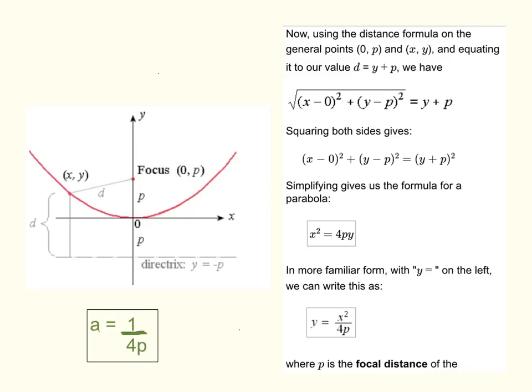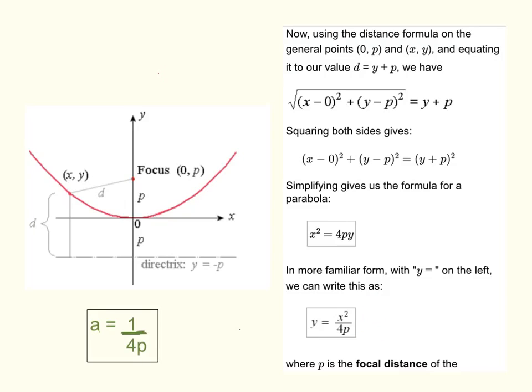So the p value plus the y value. Square both sides and simplify, and you get x squared equals 4py. And more familiar with y on the left-hand side, y equals x squared over 4p.